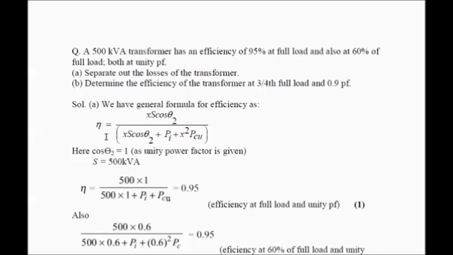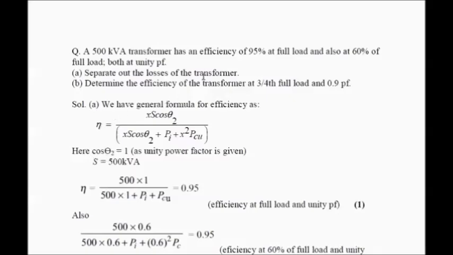So the general formula for efficiency is xS cos theta 2 divided by xS cos theta 2 plus Pi plus x square P copper, where P copper is copper loss at full load, S is rated kVA, and x is used to denote general load.